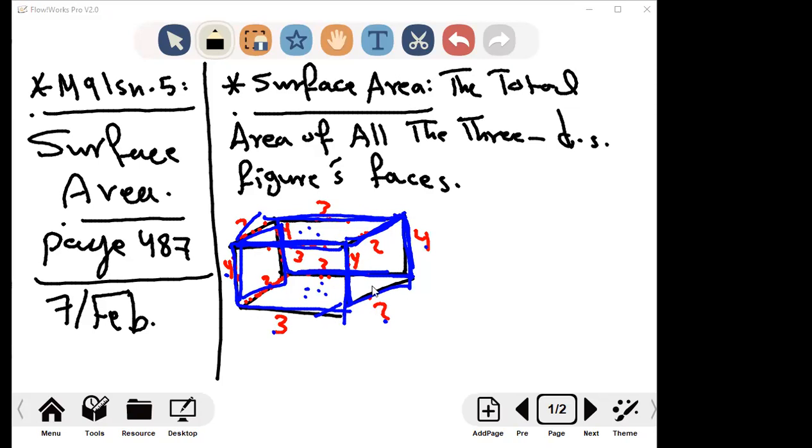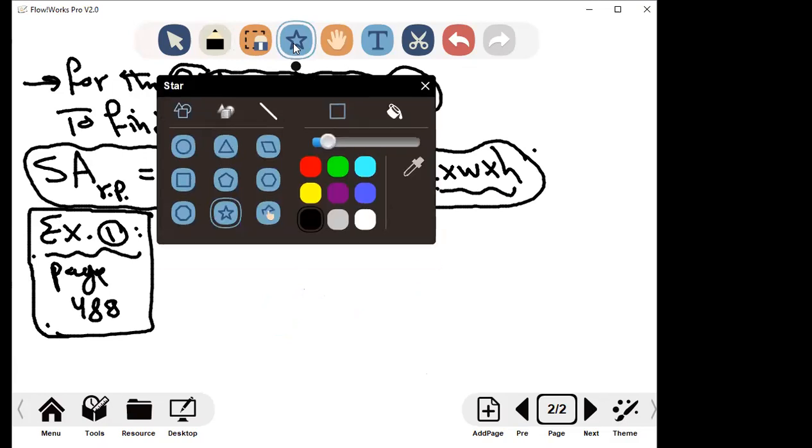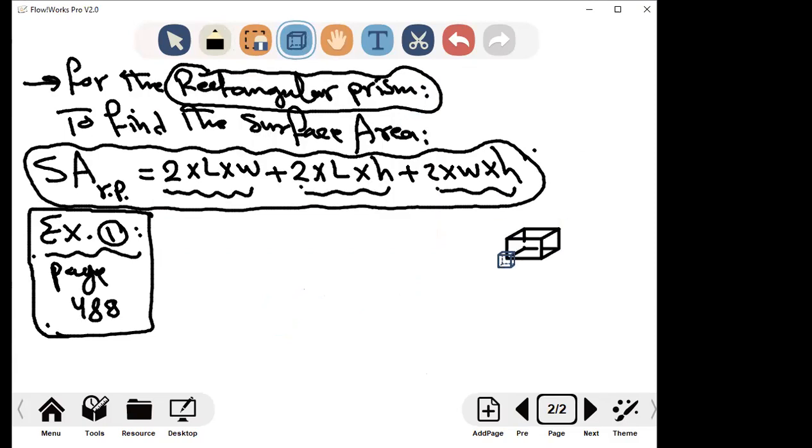How many faces we have in this rectangular prism? 6. 6 faces. So I need to find the area of each face, then I add them, right? Yes. So this formula is used to find the total area of the rectangular prism, as we will do now. Okay? Got it? Yes.